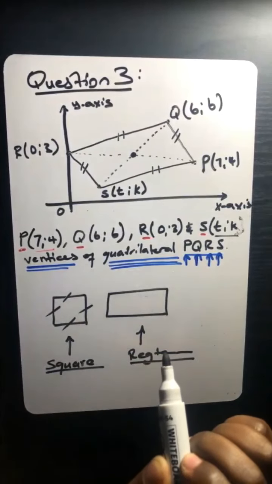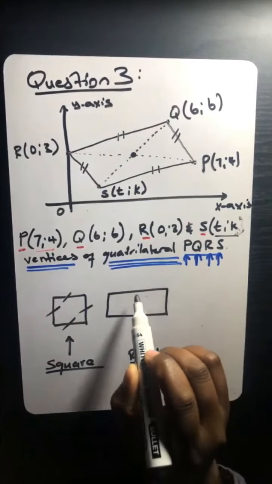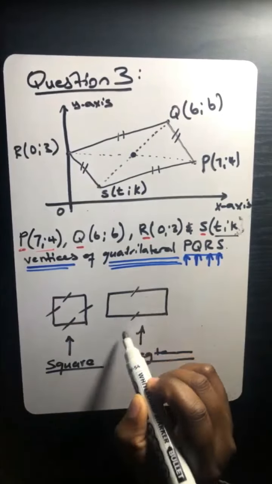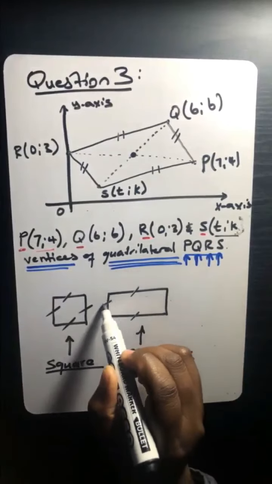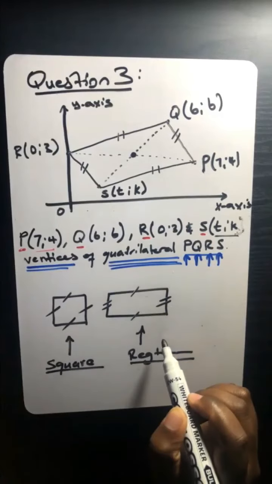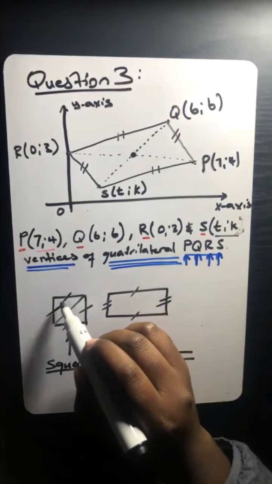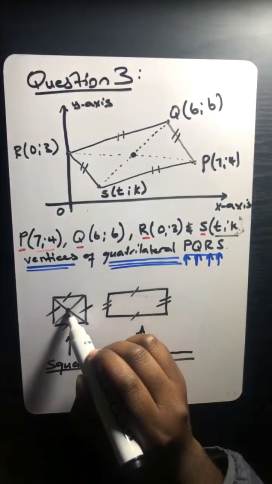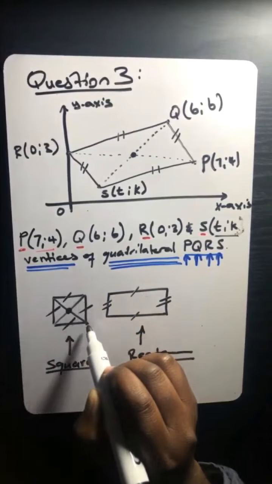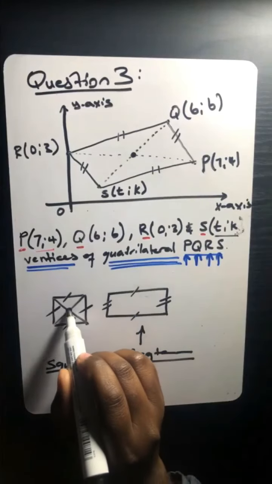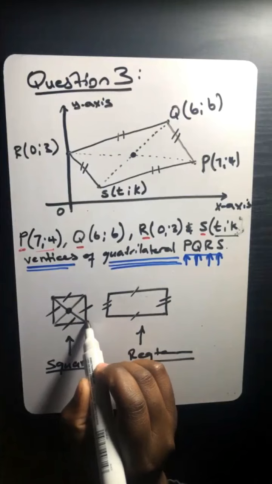For a rectangle, you know very well that this line is equal to that, but this line and that line are not equal to those 2. These are longer sides and these are smaller sides, so this is only equal to that. Most importantly, when you cross that line and that line, this is the center of the whole shape, which means this is the midpoint of that point and that point.